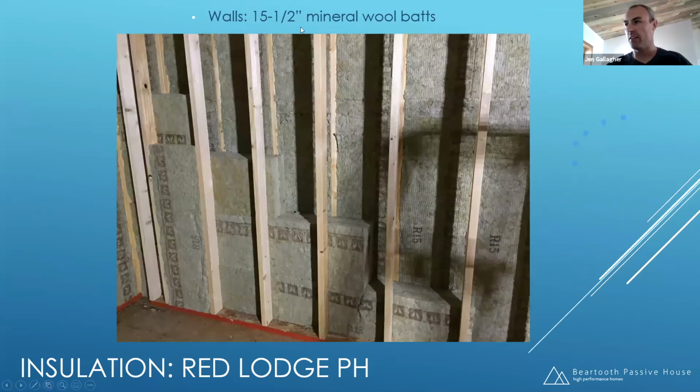We have 15.5 inches of mineral wool bats. So right here, you're looking at 13 inches. You're looking at an exterior wall here that's 3.5 inches thick, a 6-inch gap in between those two walls that is also insulated, and then another 3.5-inch interior wall that's insulated.